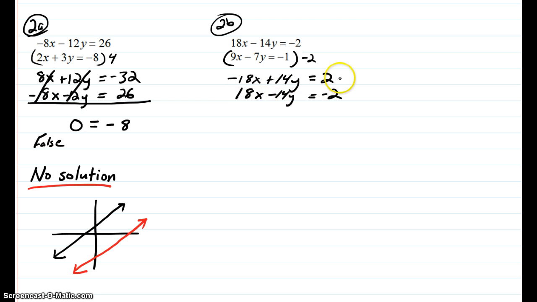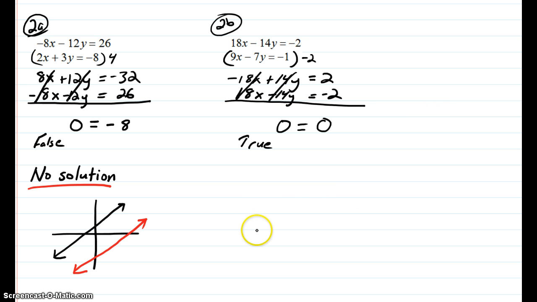But now in this one, you'll notice that on the right-hand side of the equal sign, we also have opposites. And so now, this goes away, so it gives me 0, and 2 minus 2 is 0. And so 0 does equal 0. And so this one is actually true. That's a true statement. So when I get a true statement, I'm not going to say no solution.